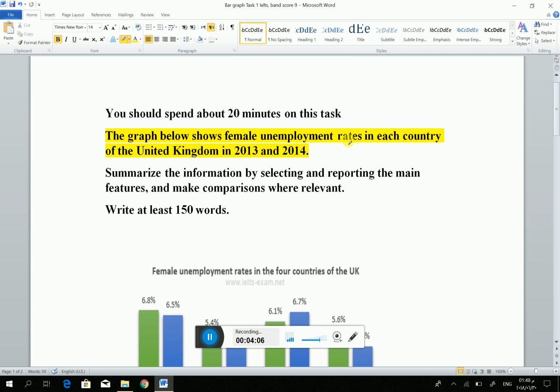Here you have the words unemployment rates. What about unemployment percentage? So the word rates is similar to the word percentage. So you can say the sentence like this. The graph illustrates unemployment percentage among women in each country of the United Kingdom.